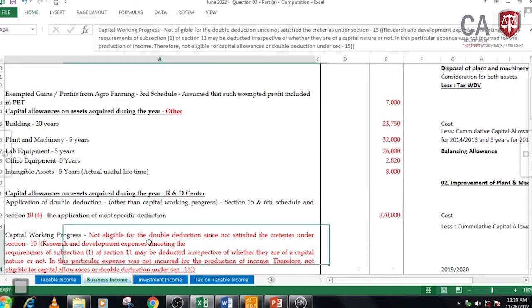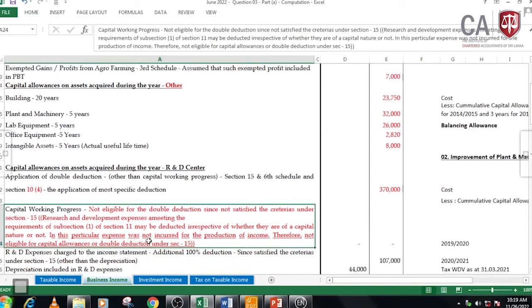Then the capital work in progress, why it has not been taken? The capital work in progress is not eligible for deduction as the double deduction since it does not satisfy the criterion under section 15. What is it? Research and development expenses meeting the requirements of subsection 1 of section 11 may be deducted irrespective of whether they are of capital nature or not.